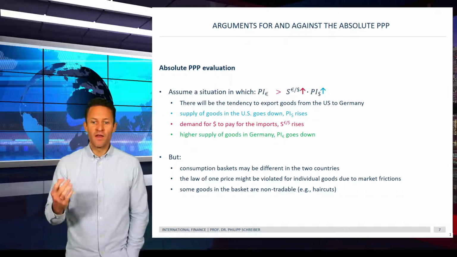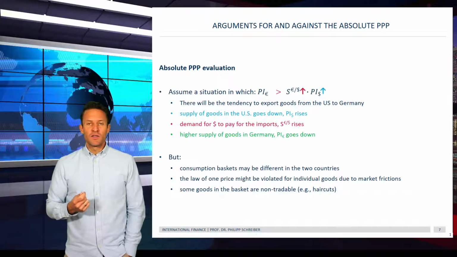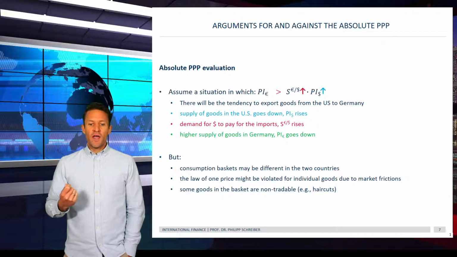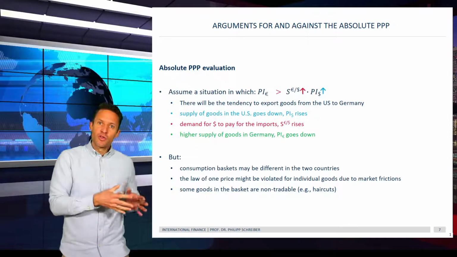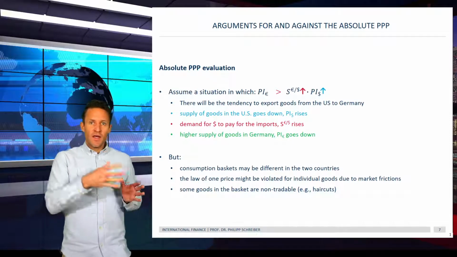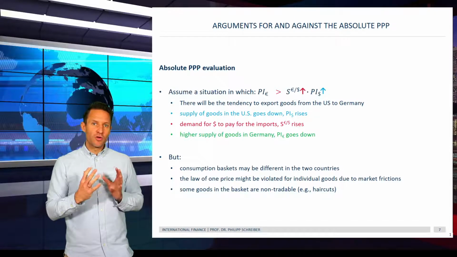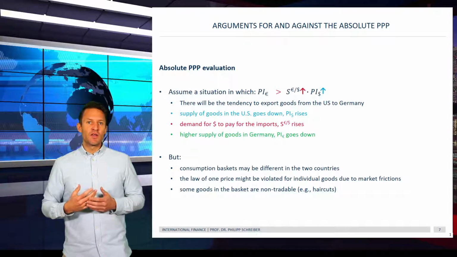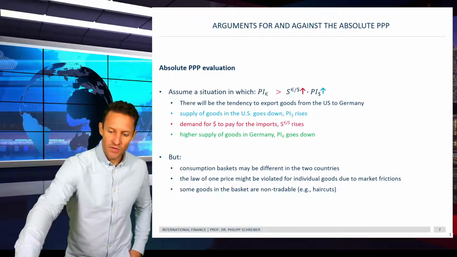So we have the exchange rate in this sense going up, meaning US dollars become more expensive. Okay, and then there is a higher supply of goods in Germany, since we have our own goods that no one buys, and we have the goods we import from the US, so we have more and more goods. So the supply goes up, demand is more or less the same, so the good is not that special anymore, meaning the price goes down.